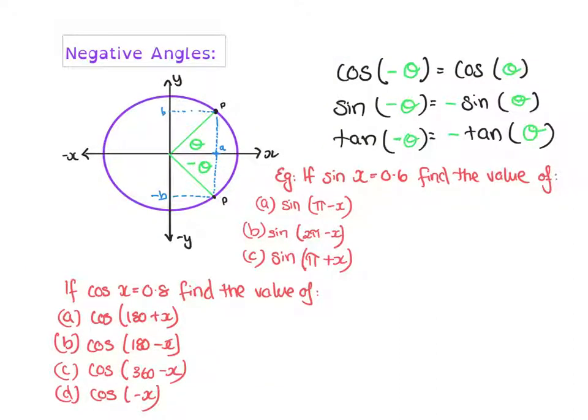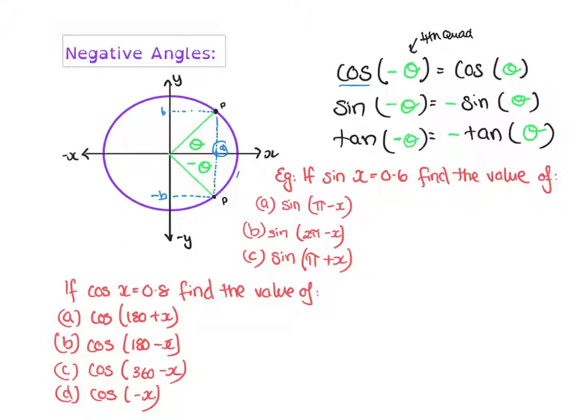Okay, we're just going to summarize this up a little bit on the next page. If we go cosine of minus the angle, here we would be going clockwise, and we can see it's the same value as if you went the normal, anti-clockwise way. So cos negative theta gives you the same value as cos theta, because this puts us into the fourth quadrant, and in the fourth quadrant, cosine's positive.